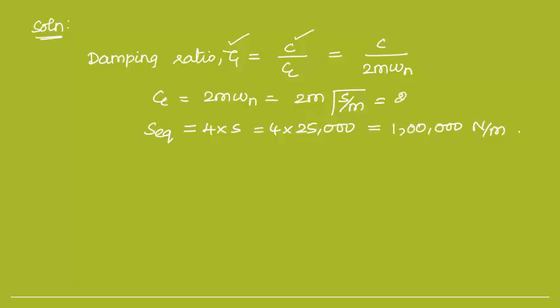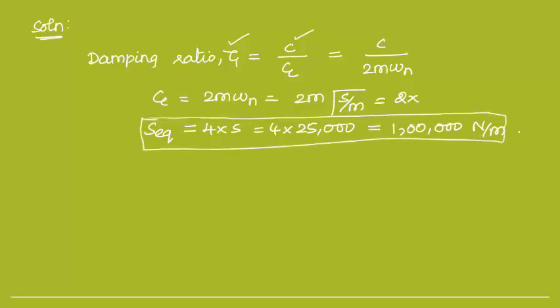Cc is 2 into mass 100 kilogram into root of equivalent stiffness 1 lakh divided by mass 100 kg, which is 6324.5553 Newton second per meter.